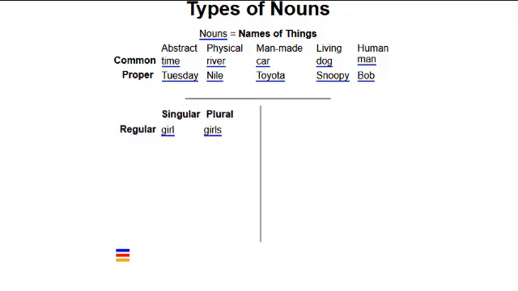Common nouns have a singular and a plural form. The plural form for practically all nouns is to simply add an S suffix, as in one girl, two girls. However, there are a small number of irregularly formed plural nouns. For example, one child, two children, one person, two people.